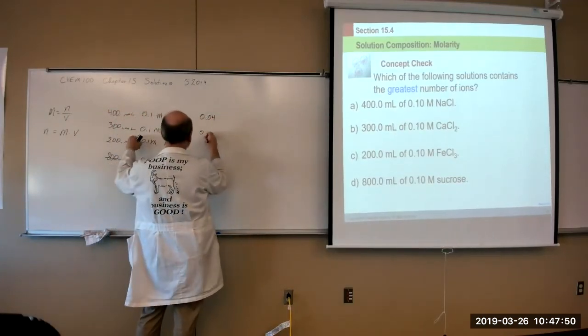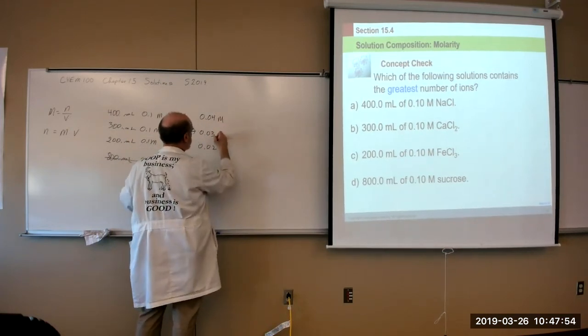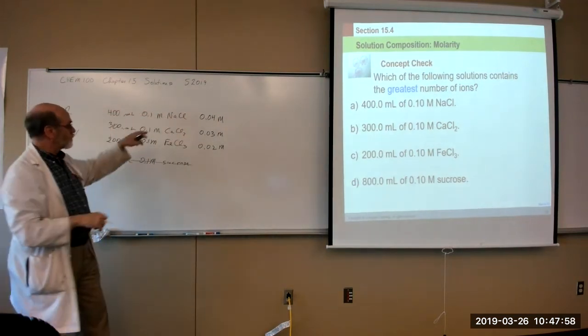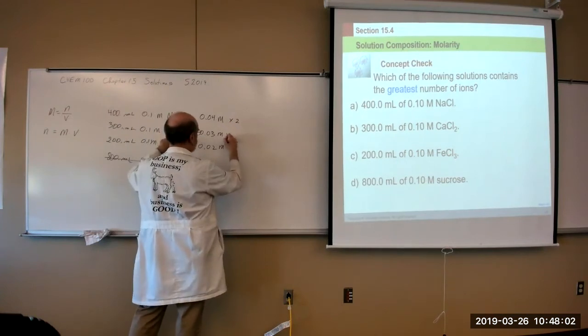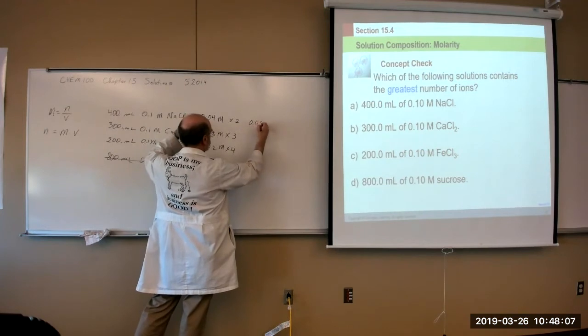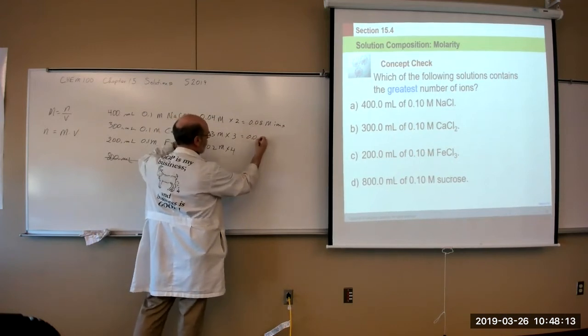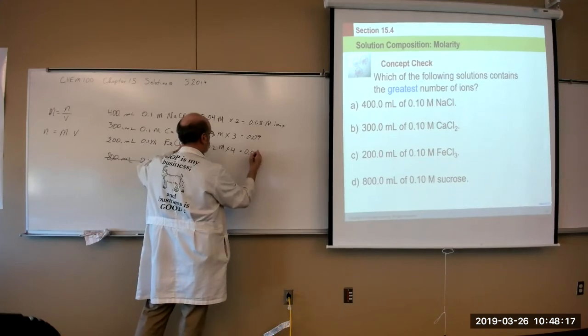And this is 0.03, and this is 0.02. That's molar compound, right? But this one makes 2 ions for each. This one makes 3 ions, and this one makes 4 ions. So this one would be 0.08 molar ions. This one would be 0.09, and this one would be 0.08.